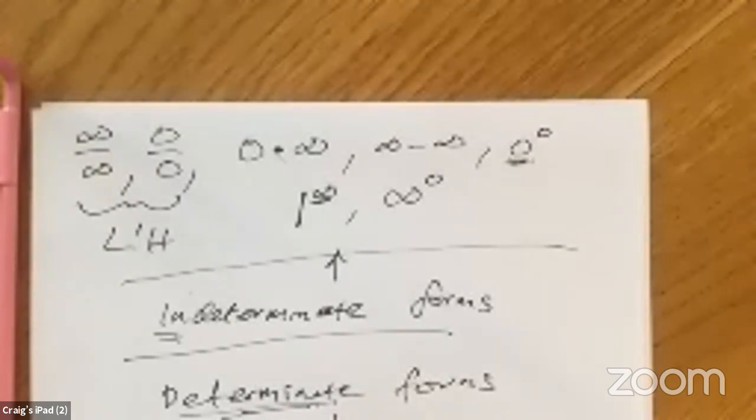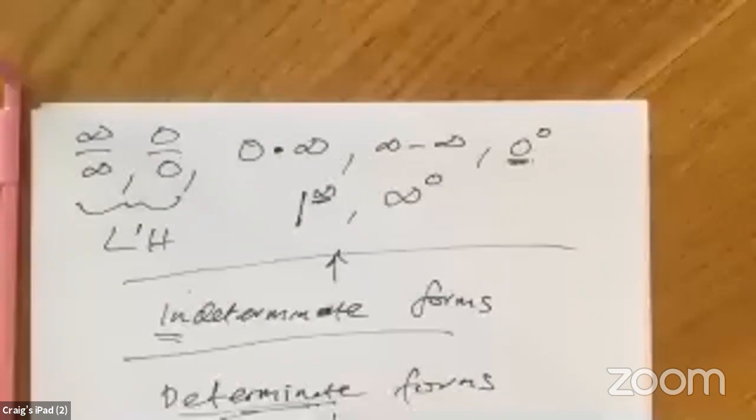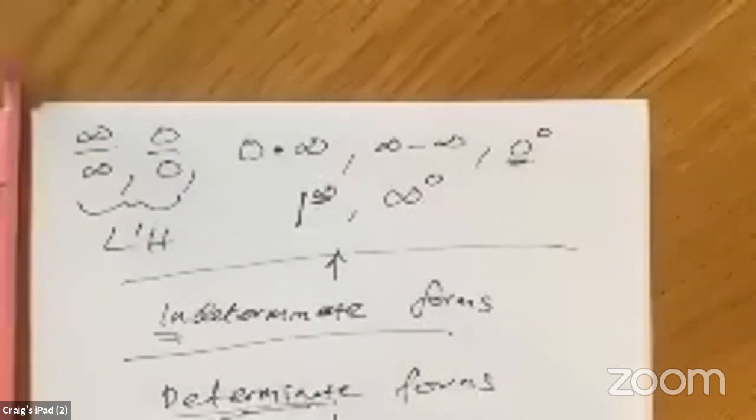Okay, 6.7. So example 3 here. It's the next thing we're on. As promised, now they're getting trickier.